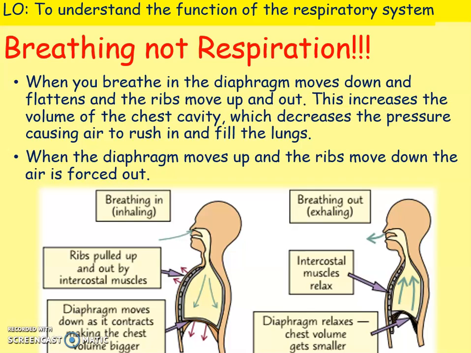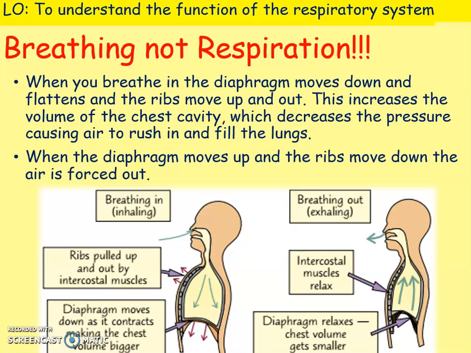When we breathe, the diaphragm moves down and flattens, and the ribs are able to move up and out with the help of those intercostal muscles. This increases the volume in the chest cavity, which in turn decreases the pressure, causing air to rush in and fill the lungs. When the diaphragm moves up, the ribs move down and air is forced out.